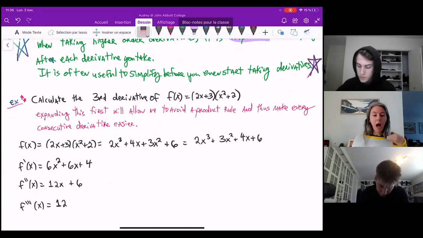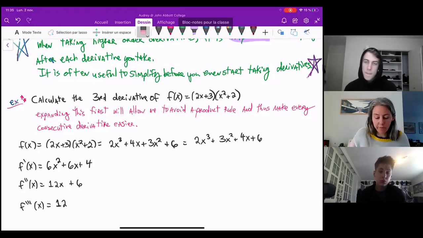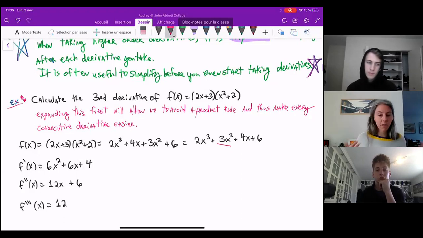So I have 2x cubed plus 3x squared plus 4x plus 6. And what I was looking for was the third derivative. Did that 3x squared become 0 by the time I got to the third derivative? Yes. Did the 4x become 0? Yes. Did the 6 become 0? Yes.